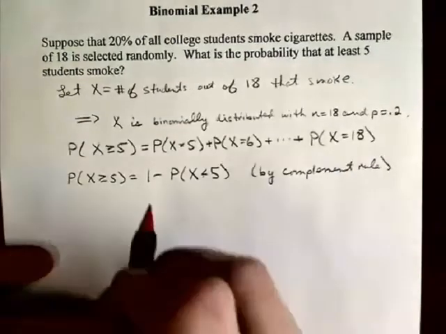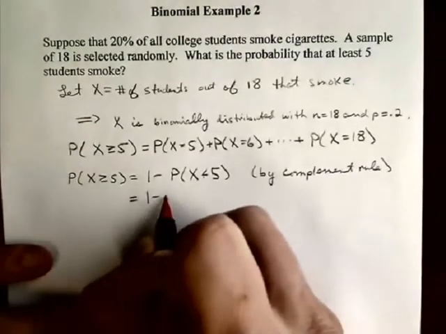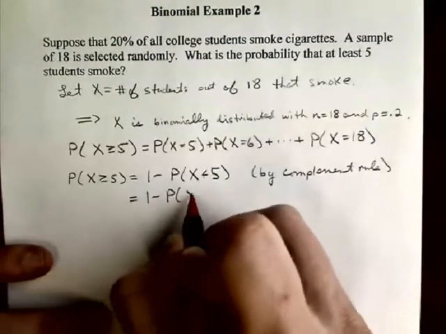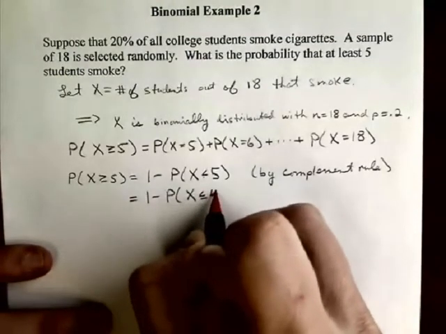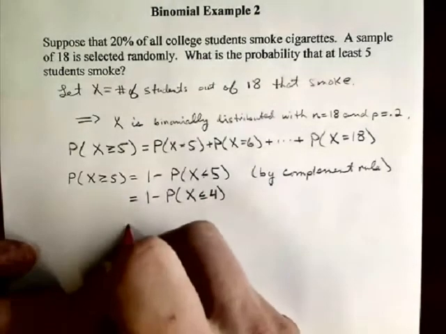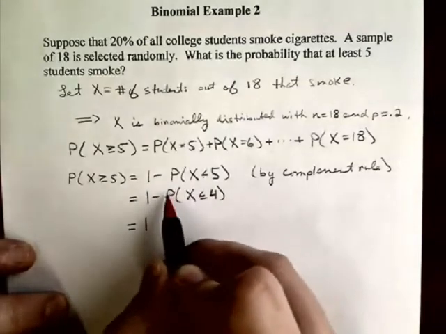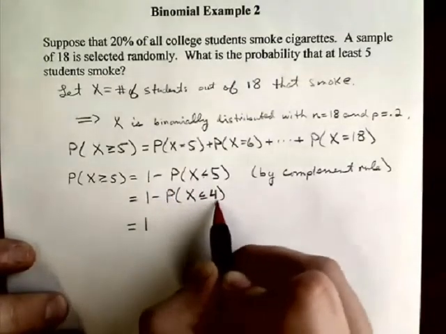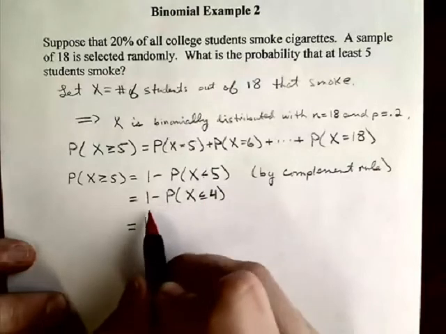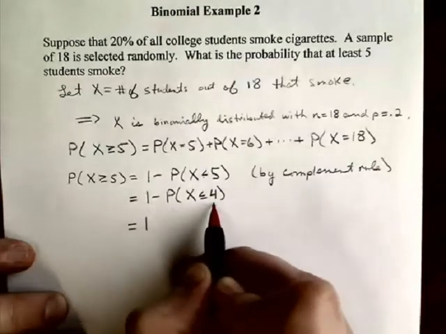That is equivalent to 1 minus the probability that X is less than or equal to 4. By the way, this is called a cumulative probability. It's the probability up to the point 4.